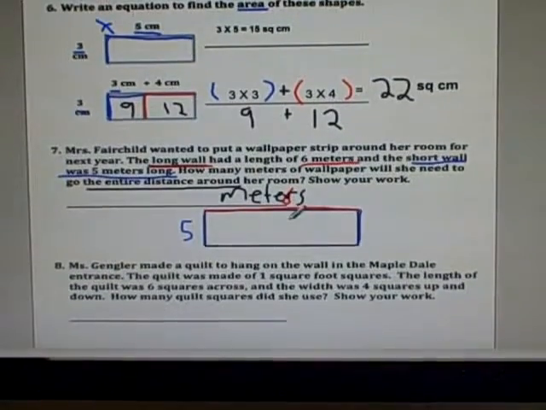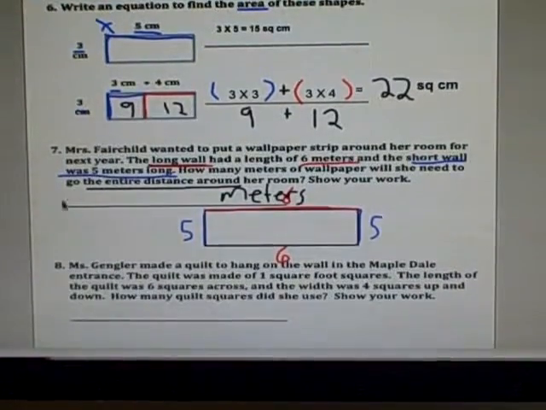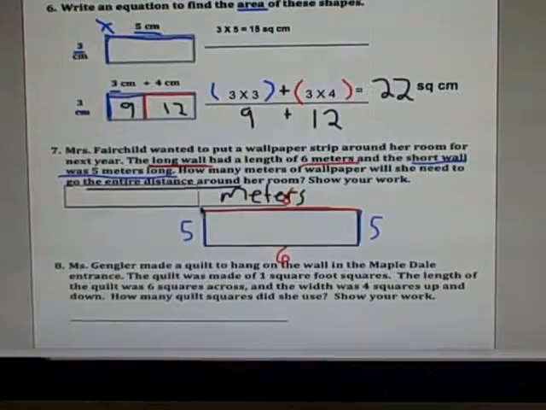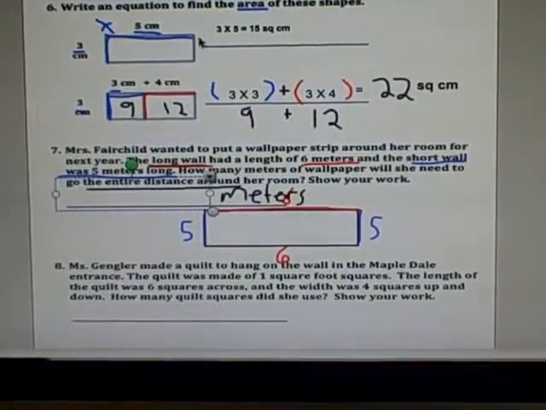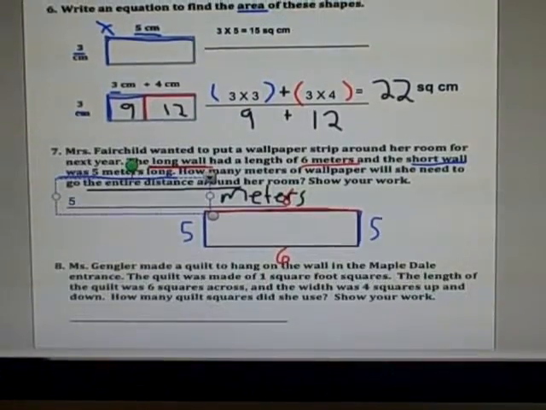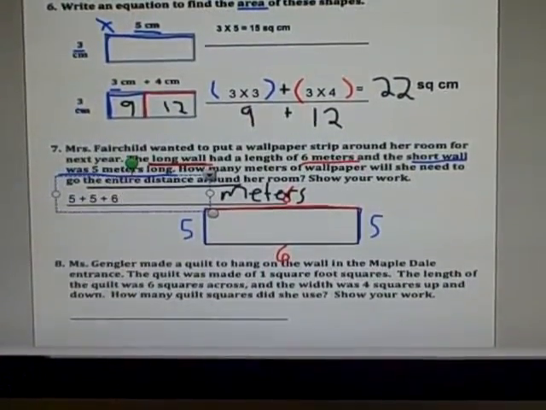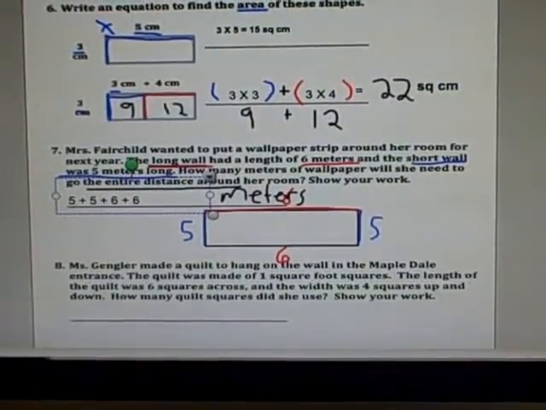And we've done this before, right? We know if this length is 5, then the opposite length is 5. If we know this length is 6, we know the opposite length is 6. So what's our equation going to be? Five plus 5 plus 6 plus 6.